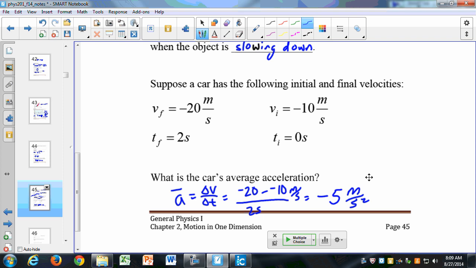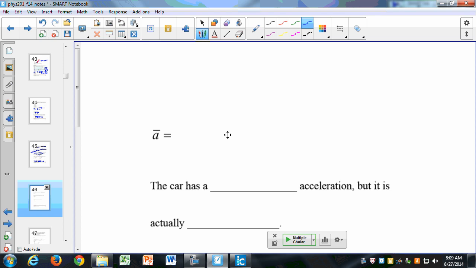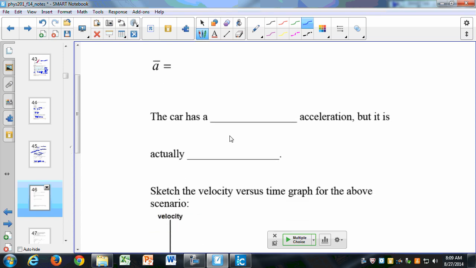But notice that here I have a magnitude or a speed of 10 meters per second, and here I have a speed of 20 meters per second. So this car is speeding up, but it has negative acceleration. So it's speeding up in the negative direction. The car has a negative acceleration, but it is actually speeding up.